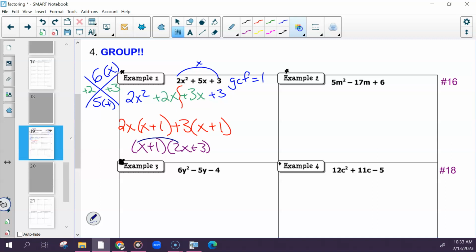You're really close. We have 2 x's, so that would become squared. And then x times 3 would give us 3x. 1 times 2x would give us 2x. And 1 times 3 would give us 3. So 2x squared plus 5x plus 3 is our original. So that works.